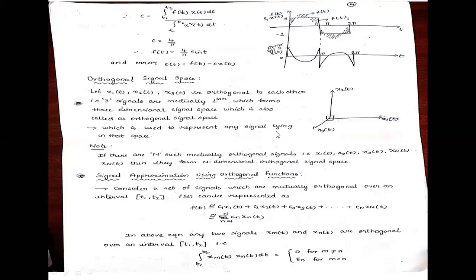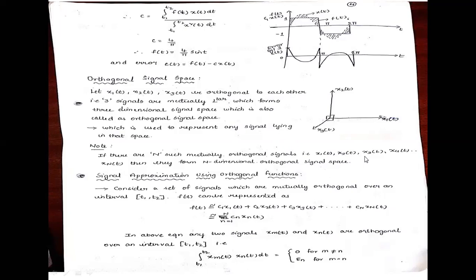The adjacent side is c, a capital C, into x of t. And the hypotenuse is f of t. According to the right angle triangle, the hypotenuse is equal to the sum of the sides. F of t is equal to c into x of t plus e of t. Understood, my dear students? F of t is equal to c into x of t plus e of t.